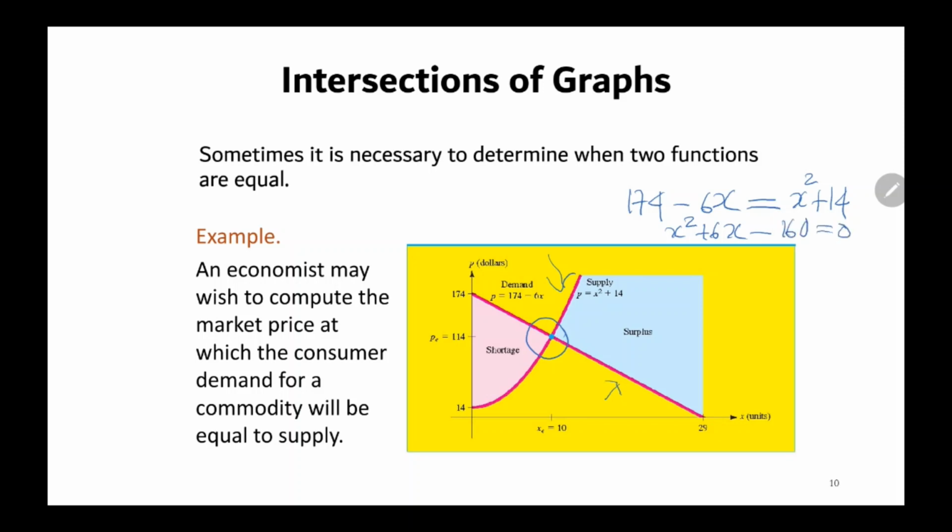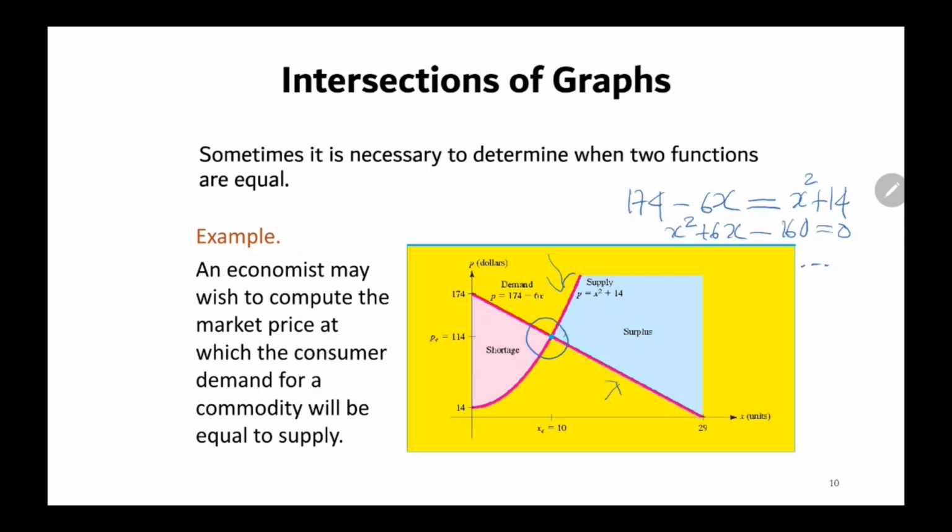And how do you solve this equation? Of course, you have learned it at high school. You just have to factorize this degree 2 polynomial, and then you find the solution. You can try this at home, try to find the solution of this.